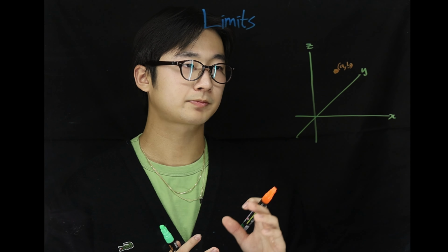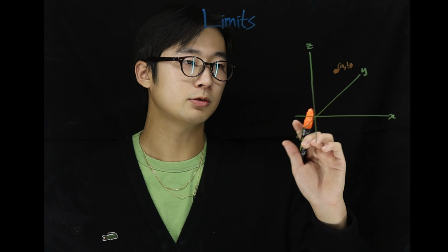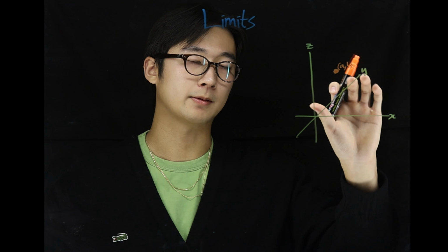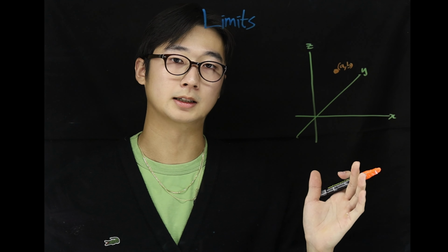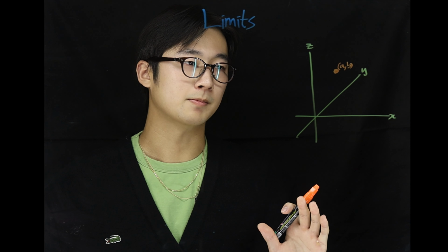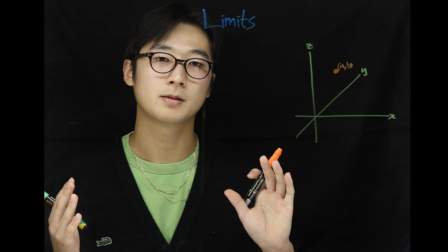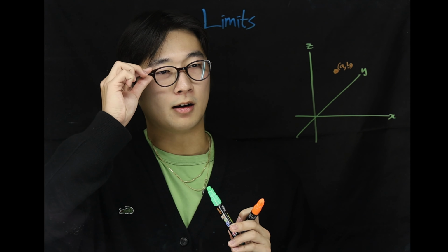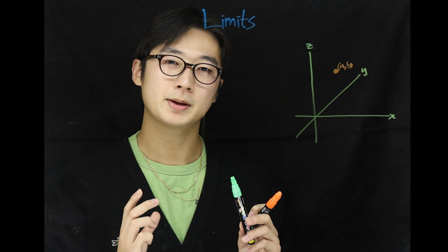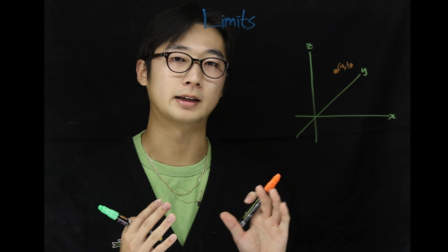You can tell that it's not enough to just approach from the left and from the right side to prove whether the limit exists or not. Just intuitively, we can see that there are infinitely many ways to approach this point. Unfortunately, it gets a bit more complicated to find whether the limit exists or not.